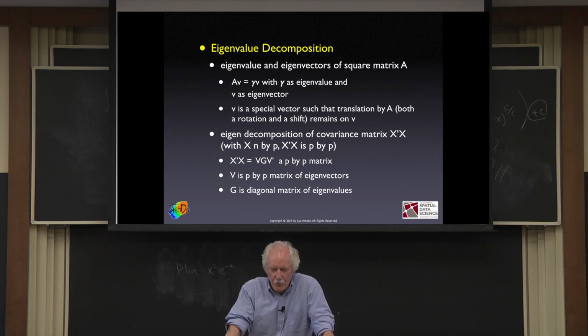So as it turns out, there is such a thing called the eigen decomposition of a square matrix. The eigenvalues and eigenvectors are really weird things, right? I've been at this for a while, and I find that it's really hard to get an intuition for it. This is my best try, okay?